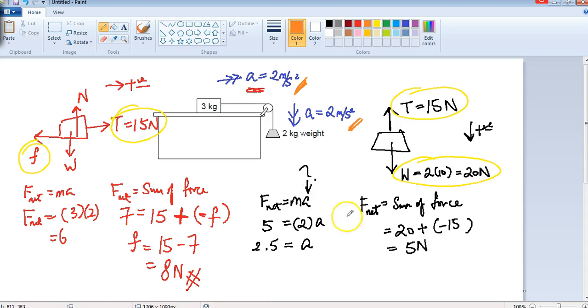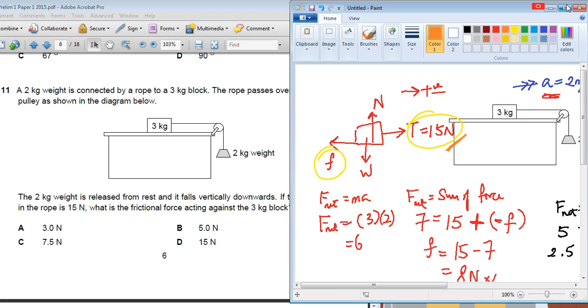And number two, the tension on the 2 kg weight and the 3 kg block is the same. It is a challenging question, but I hope you understand it now. Whether it is in the syllabus, yes, it is in the syllabus. So you are expected to know how to draw two free body diagrams from one problem context.